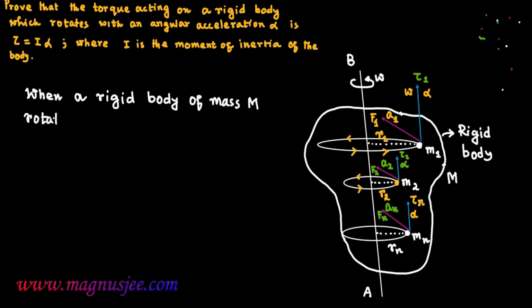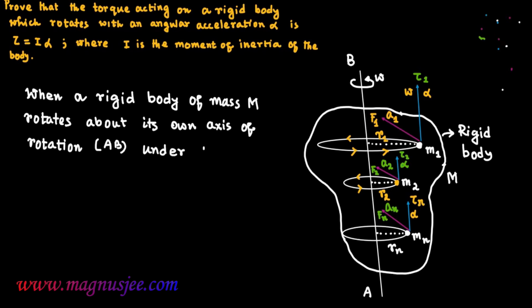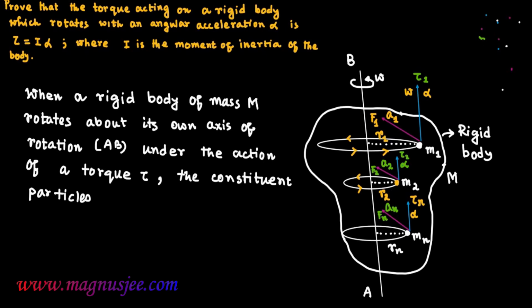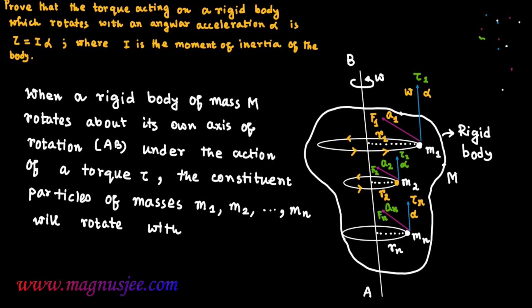When a rigid body of mass M rotates with an angular acceleration alpha about its own axis of rotation AB under the action of a torque tau, the constituent particles of masses M1, M2, Mn will rotate with the same angular acceleration alpha.